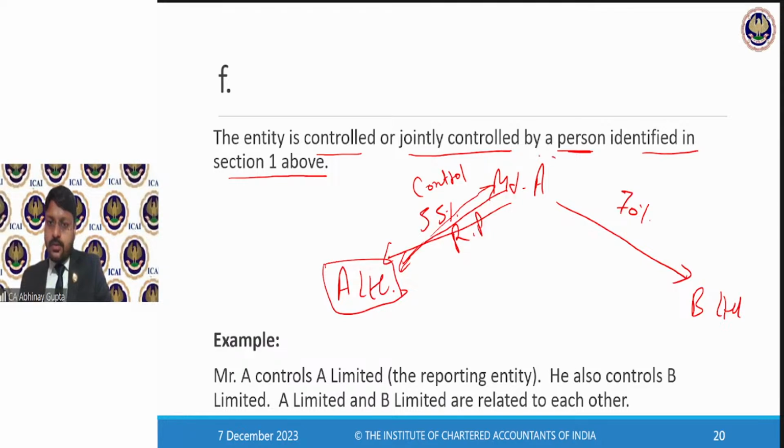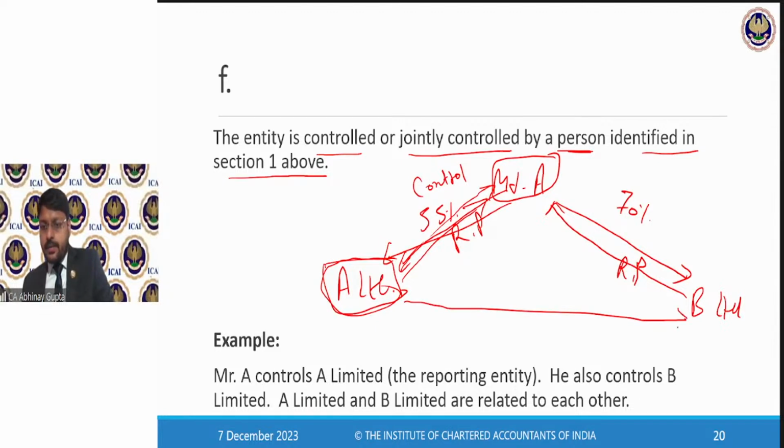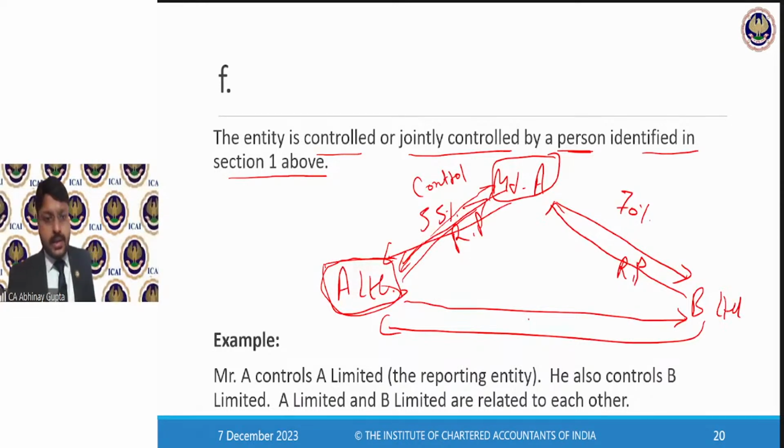Yes. Now, whether we need to check for Mr. A? No, because we are not applying Ind AS on an individual, right? So for A Limited's financial statements, Mr. A will be a related party. For B Limited's financial statements, Mr. A will be a related party, right? So far it is fine. Now, whether A Limited and B Limited in their respective financials will treat the other entity as a related party, yes or no? That's the question here.